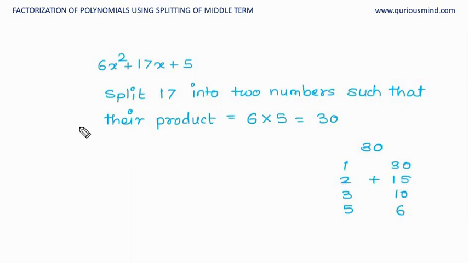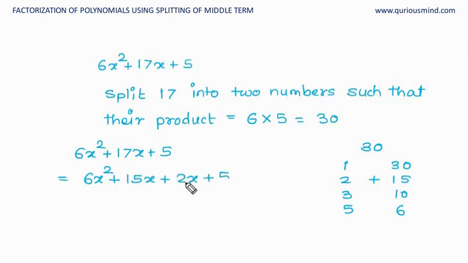And here 6x square plus 17x plus 5 can be written as 6x square plus 15x plus 2x plus 5. Now we can find common between them. It is 3x common, so 3x into (2x plus 5), plus we'll keep 1 as common and we get 1 into (2x plus 5).